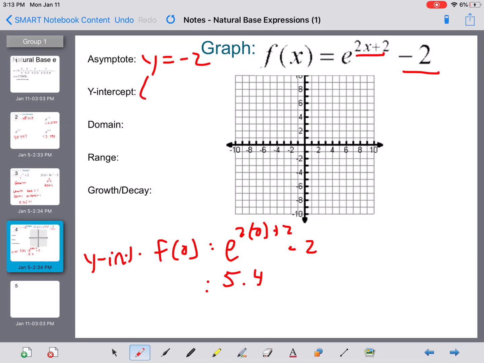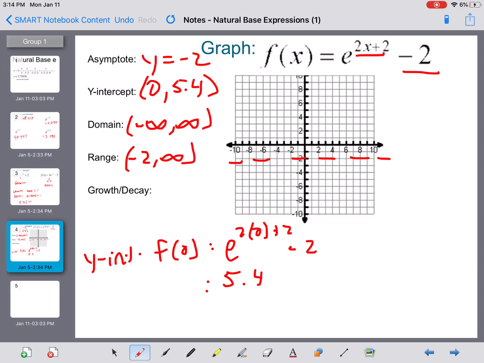And so we have 0, 5.4. Our domain, it's still an exponential, so it's going to be all real numbers. And our range is going to go from our asymptote of -2 to positive infinity, and it's not going to include -2. And since e is greater than 1, this would be an exponential growth.